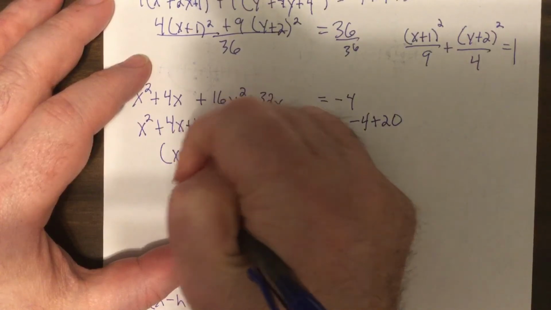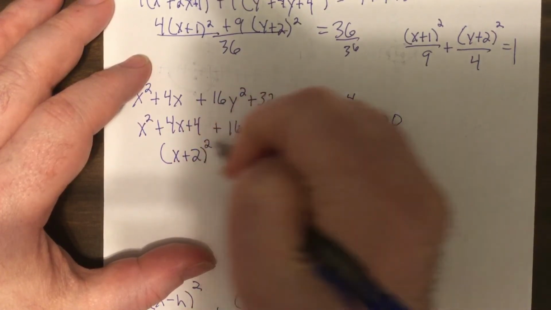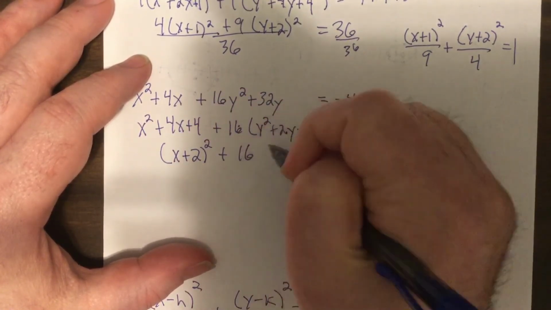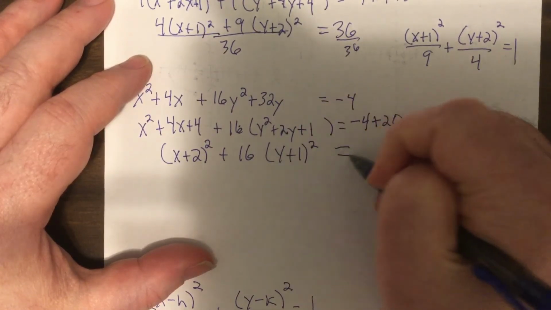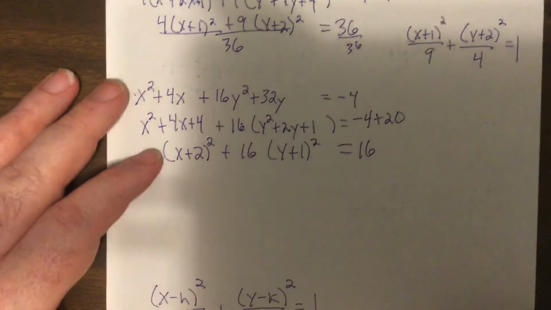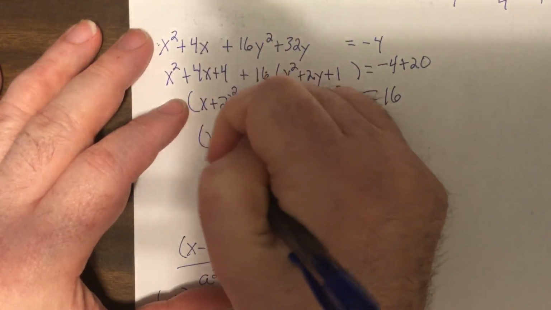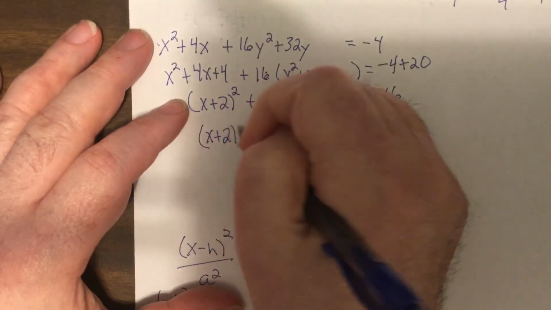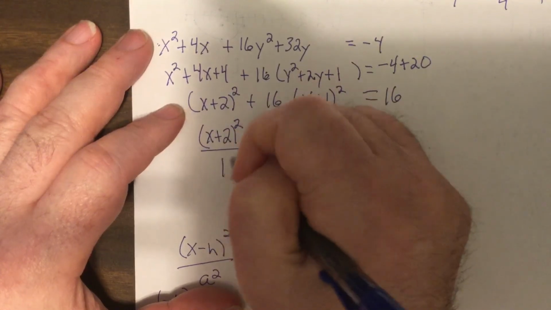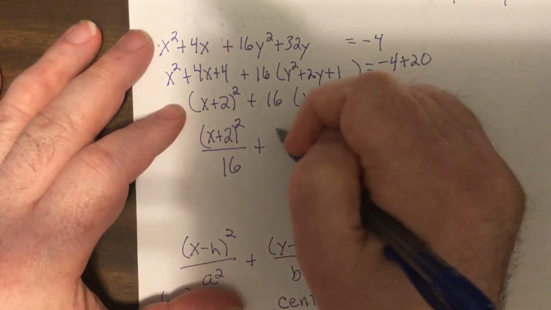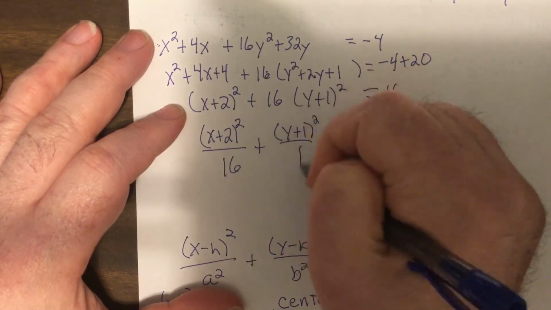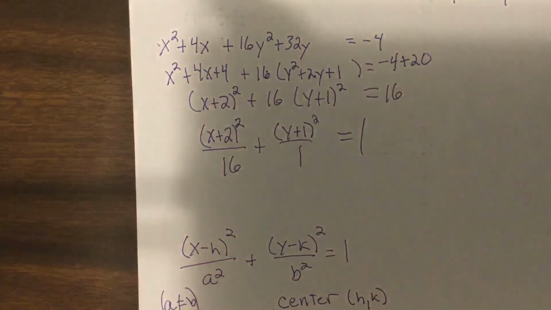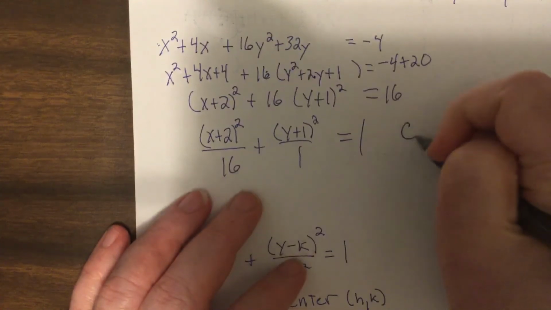So this would be x plus 2 squared plus 16 times y plus 1 squared equals 16. Divide by 16, so in standard form it'd be x plus 2 squared over 16 plus y plus 1 squared over 1 equals 1. And what's the CLRUD?